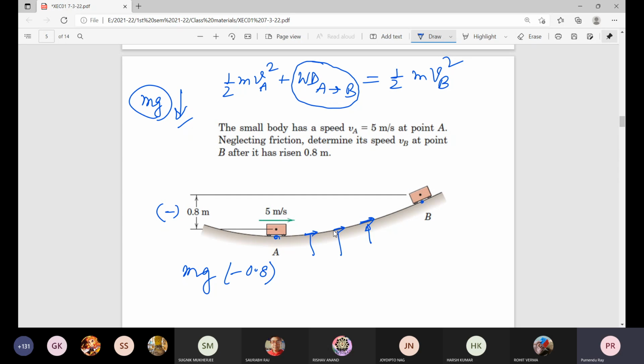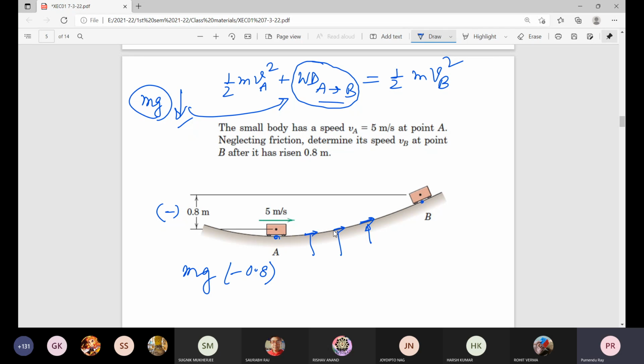And this kinetic energy, whether it is at 1 or at 2, whether it is traveling upward or traveling downward, will always be positive, and it's a scalar quantity. Only it is having magnitude. Now this part is simplified to mg multiplied by minus 0.8.